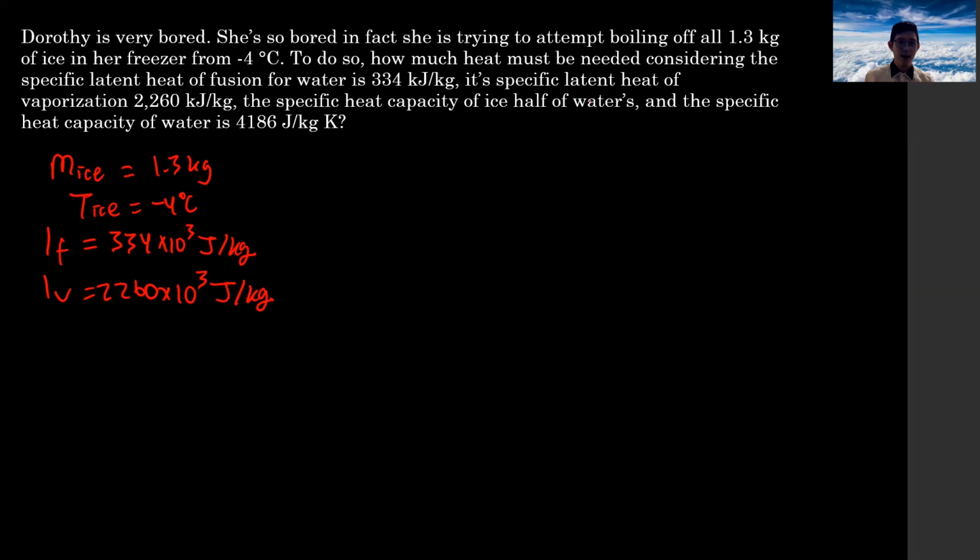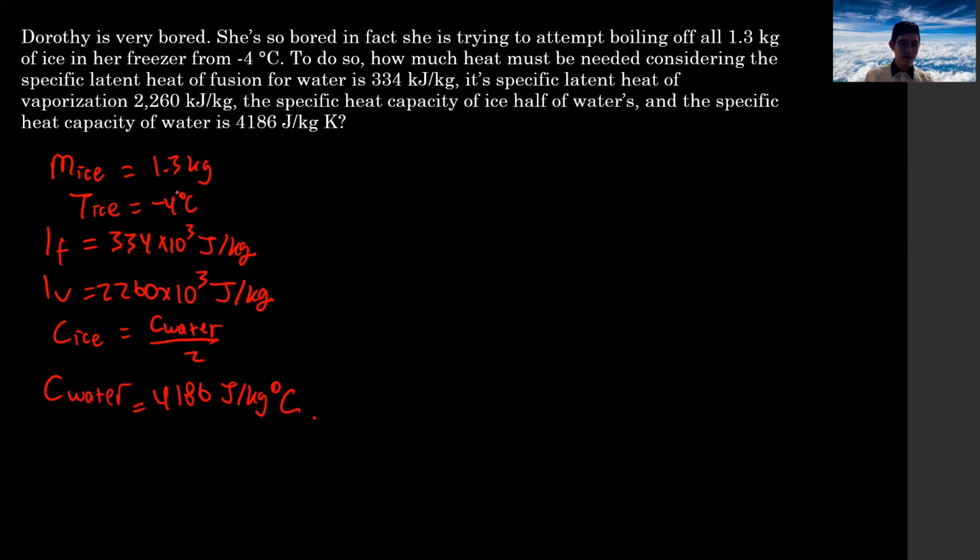The specific heat capacity of ice is half of water's, so c of ice is c of water divided by 2. And lastly, c of water. Specific heat capacity of water is 4186 joule per kilogram Kelvin, but here we have Celsius, so we can just write it as Celsius.